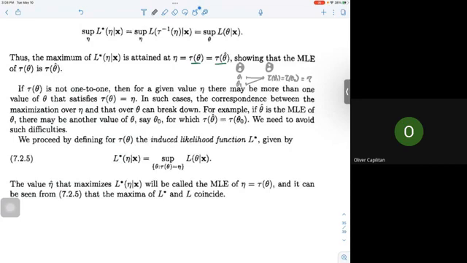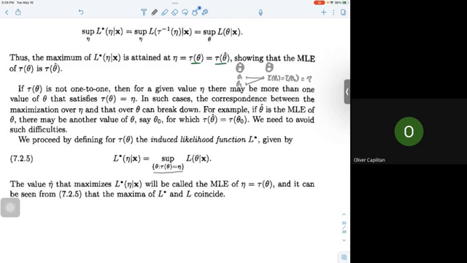We consider the supremum of all the likelihood functions of theta given x over the set of all theta such that the image of theta under tau is equal to eta.